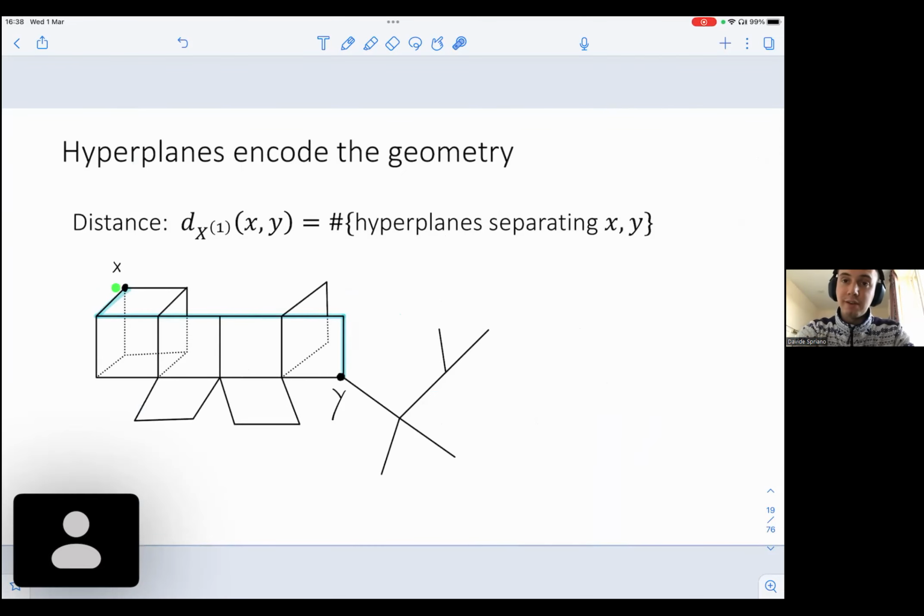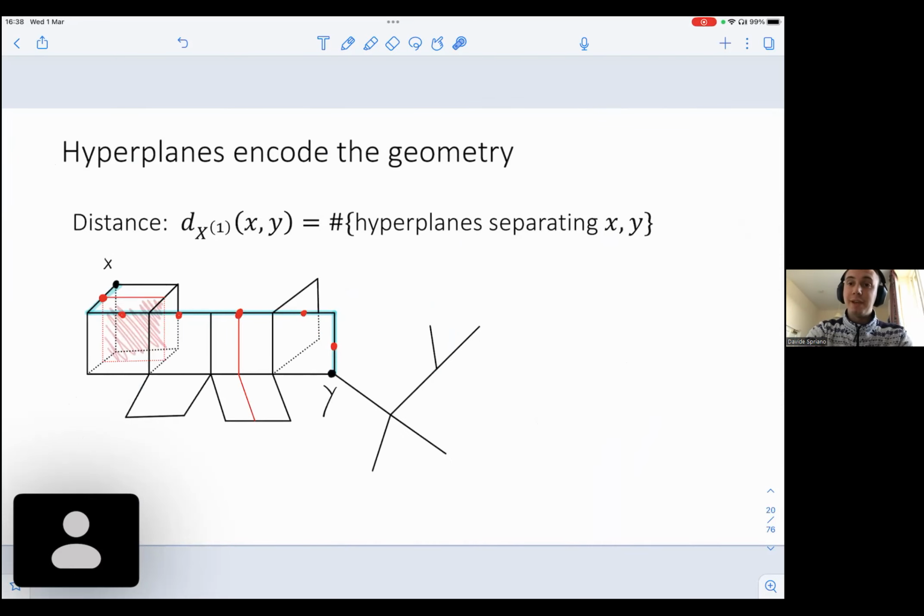I take 2 points here, x and y. I take a shortest path between them. And now I observe that this path is composed of edges, and each edge is a mid-cube. So this path will cross a number of hyperplanes that is at most the distance between x and y.